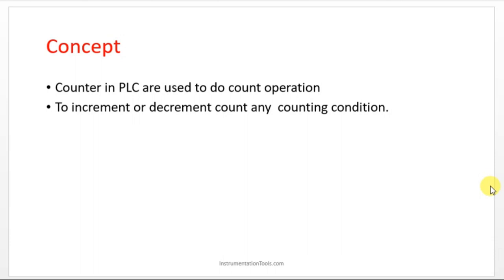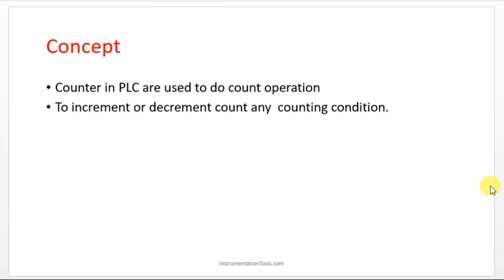So they will put one sensor on the conveyor. Whenever a package crosses, the sensor gives one pulse input to the counter. The counter is a virtual device in the PLC instruction, so it will automatically count whenever the sensor gives the input.